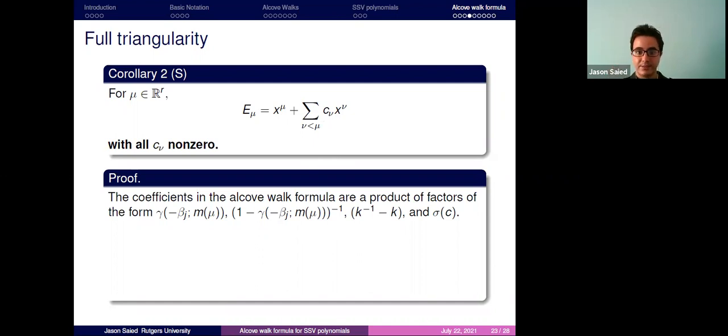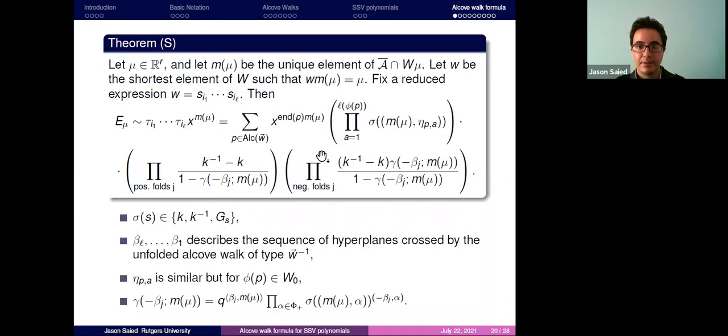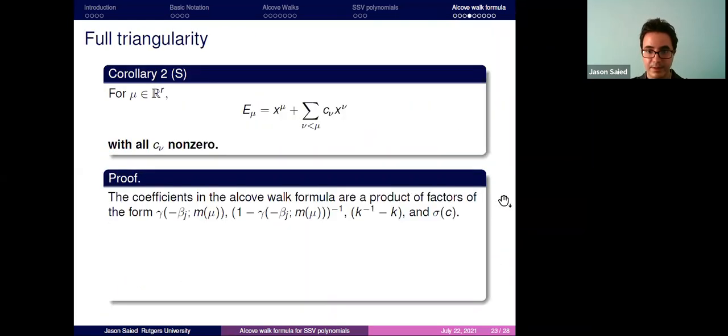And we can again see this very concretely just playing with the Alcove walk formula. So if we look back at it, everything here is, with no signs, a product of sigmas, k inverse minus k's, and then either gamma or 1 over 1 minus gamma. So we know concretely which factors we have to think about.